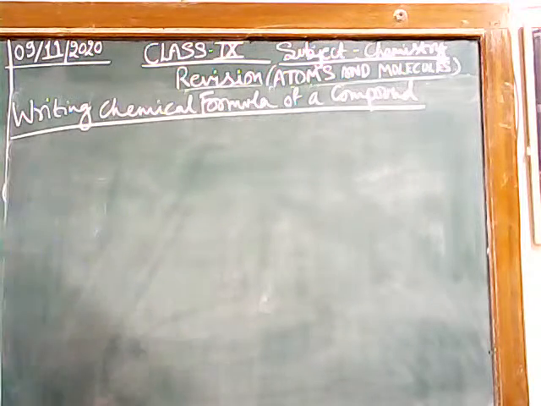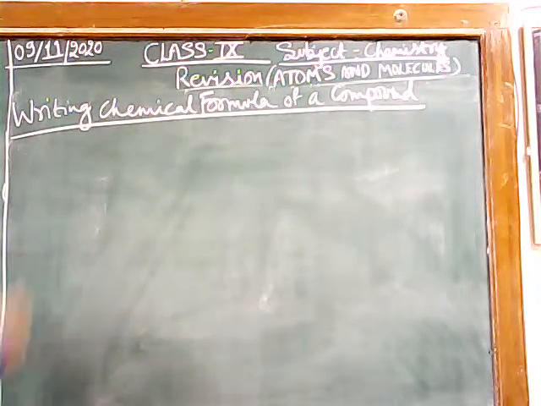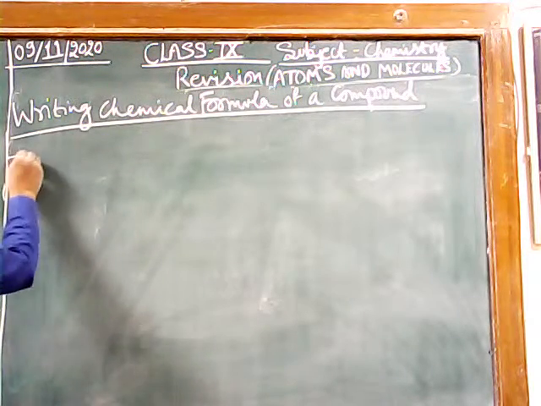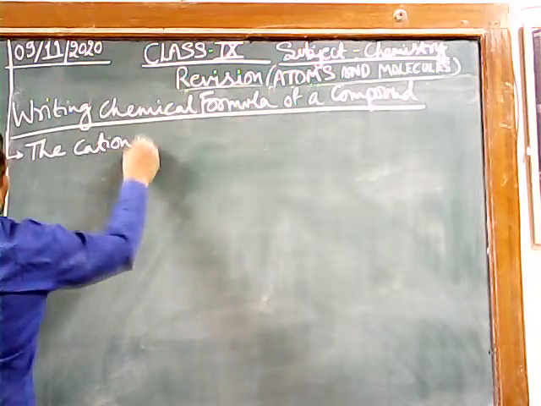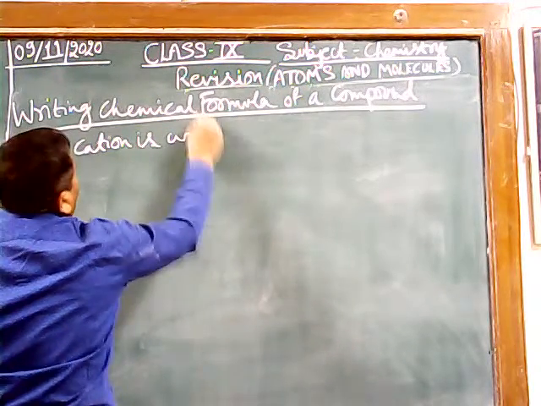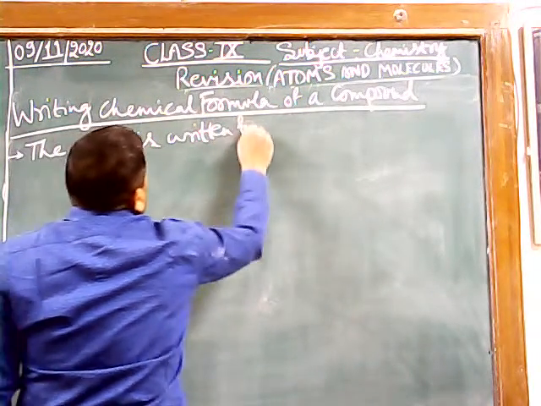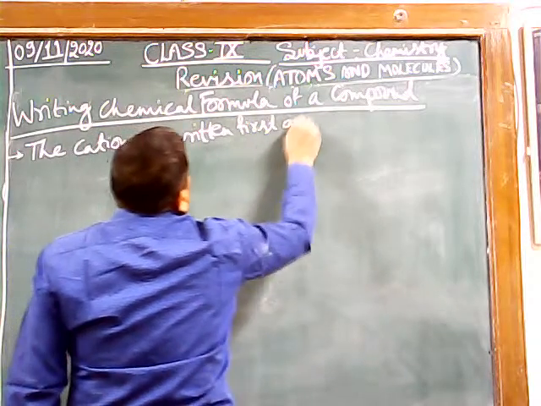Suppose there are certain laws. The cation is written first and then anion.